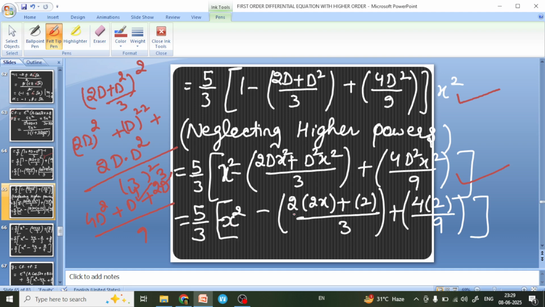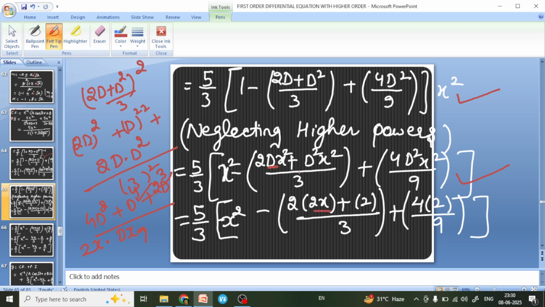After that x square minus 2, and this d, that should be d here, we will write 2x into dx. You can say that here dx square changes into 2x.